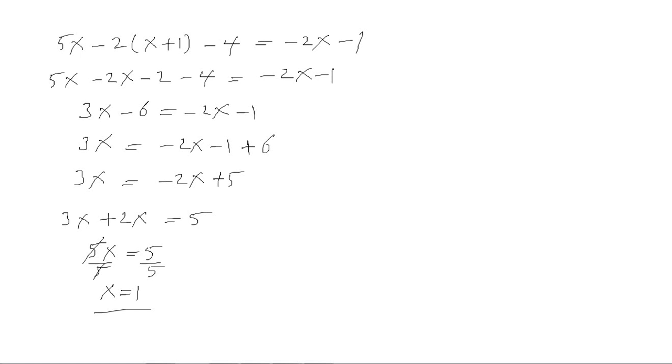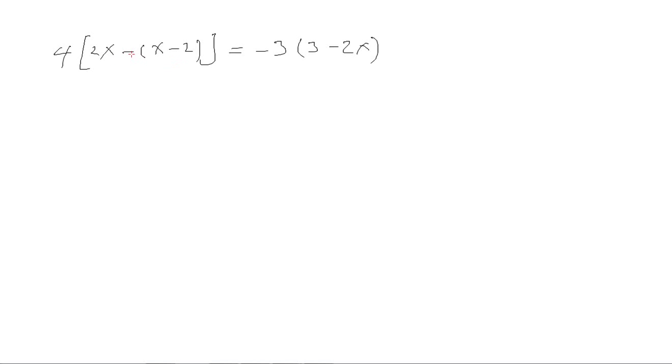Let's look at another one. 4 open brace 2x minus open brace x minus 2 close brace close brace equals minus 3 open brace 3 minus 2x close brace, and I want to solve for x. Okay, first thing I need to do is simplify this expression here.